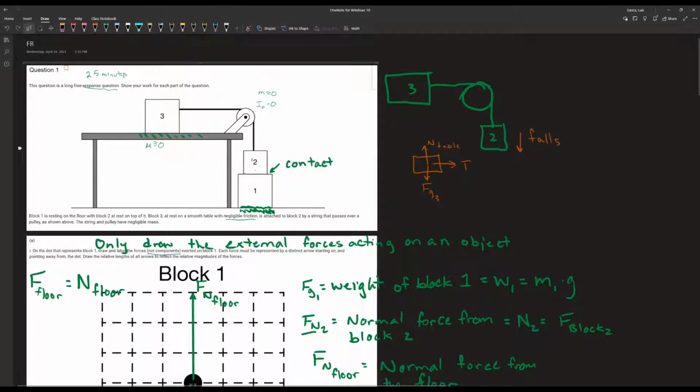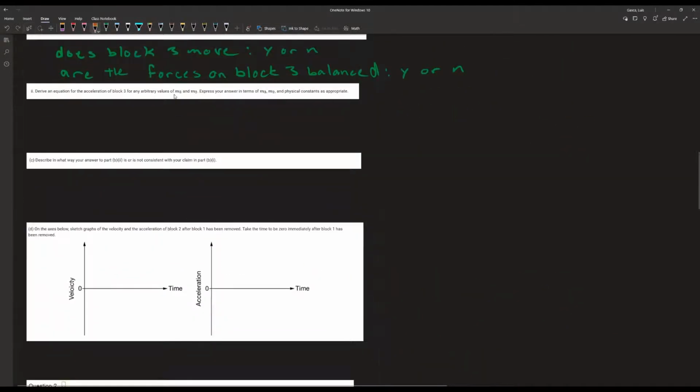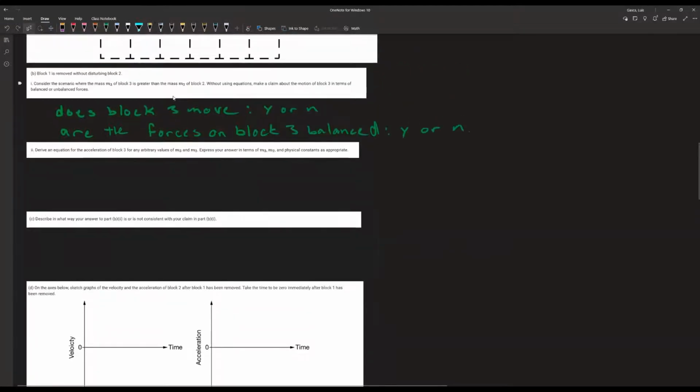Kind of like if you were on a block of ice and you were ice fishing, even the tiniest little fish could start bringing you towards the hole as it starts to tug on your fishing rod. So it doesn't matter how massive this thing is, all that tells us is that the acceleration is just going to be smaller for more mass. So it will actually move. And that's because the forces are unbalanced, sorry.